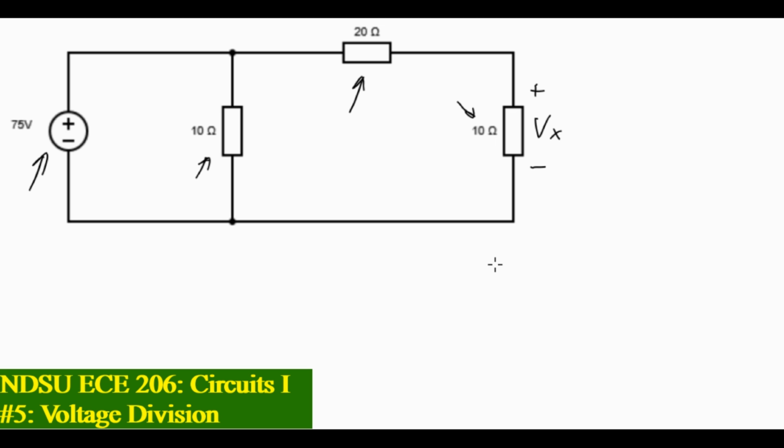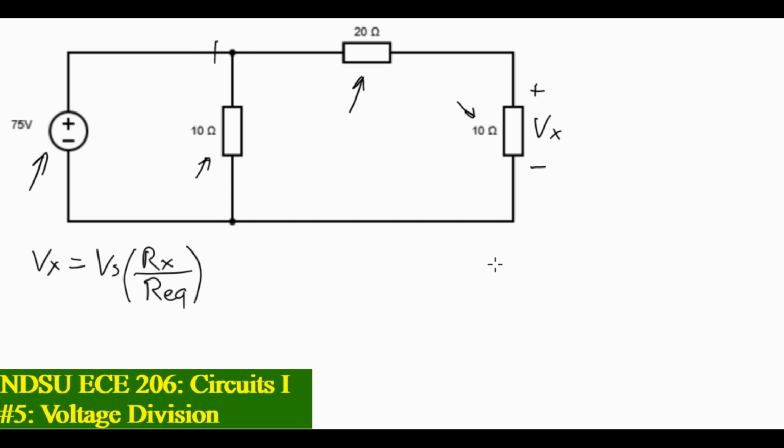It tells us that the voltage Vx is going to be equal to the voltage supplied to this part of the circuit, let's call it Vs, multiplied by the ratio of the resistance that Vx is across over the equivalent resistance seen by the voltage supplied.